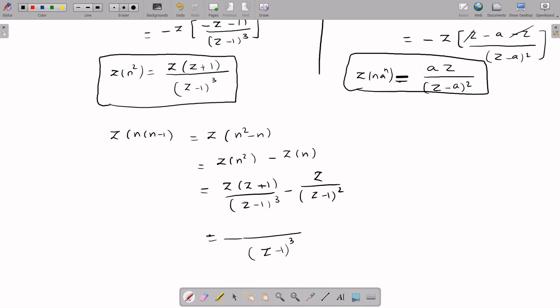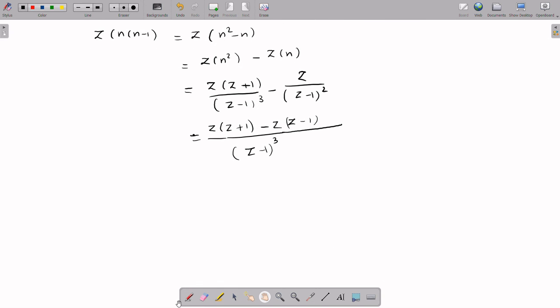So z into z plus 1 as it is, minus z into, when you compare, here the square is there but here you have a cube, so we have to multiply and divide by z minus 1. Then simplify: z squared plus z, and here also you take minus z squared plus z, minus z into minus z minus 1 becomes plus z, divided by z minus 1 the whole cube.